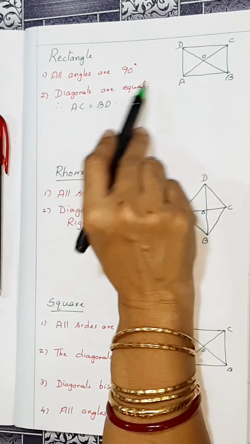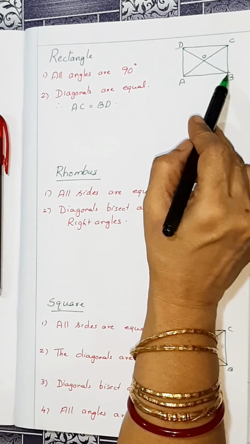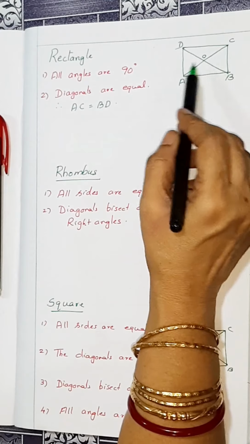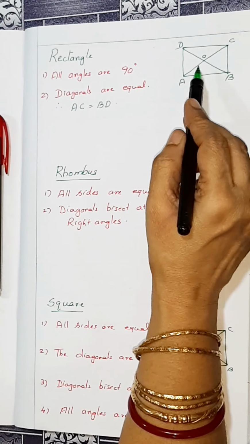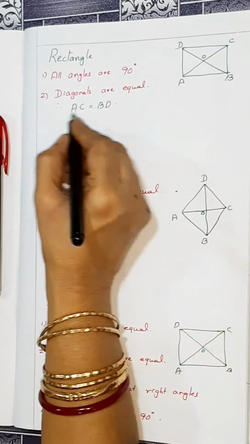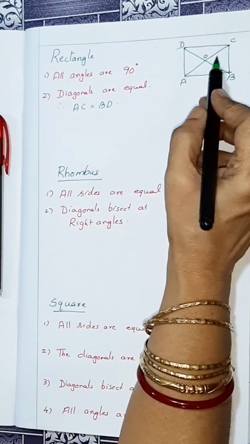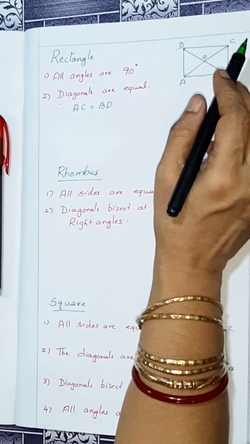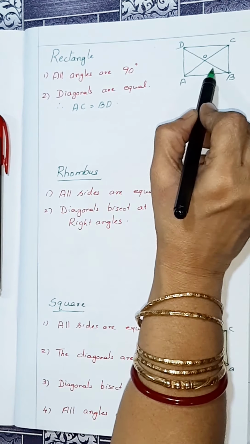So here the diagonals are equal, that is AC is equal to BD, and we already know that the diagonals bisect each other. Therefore, all these 4 segments are going to be equal. In a normal parallelogram, all the 4 are not equal, only these 2 will be equal and these 2 will be equal.